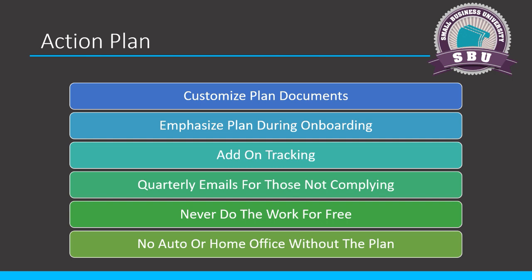So here are the actions to take with accountable plans. Number one, customize your accountable plan spreadsheet so it looks the way you want. Also, use our accountable plan template, or one that you like. You don't have to use our accountable plan template, the actual plan document. You can go find one. If you've already got one, use it.